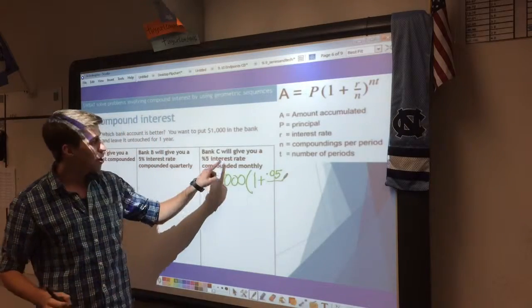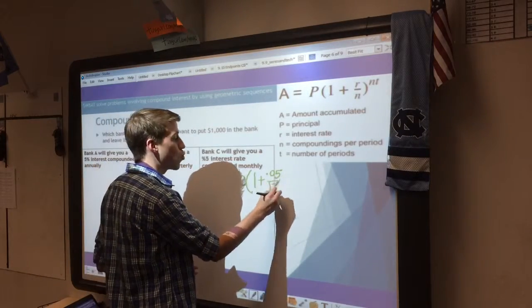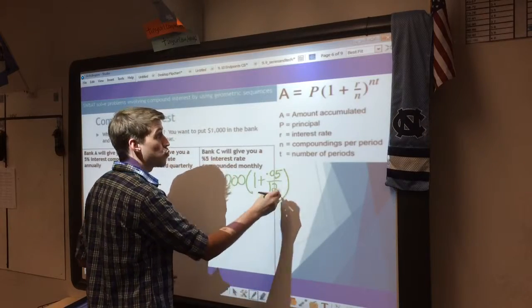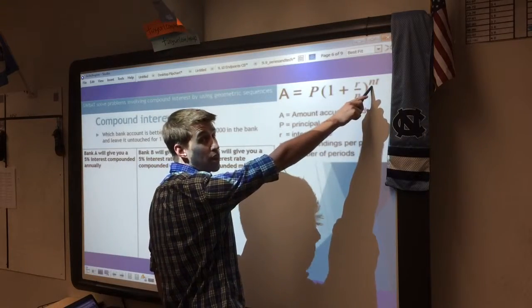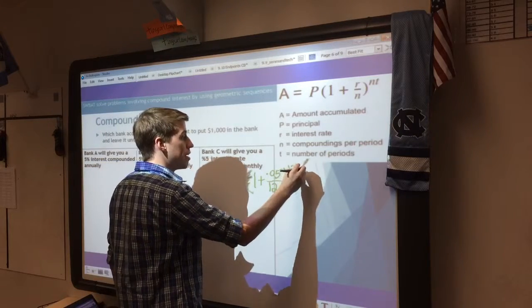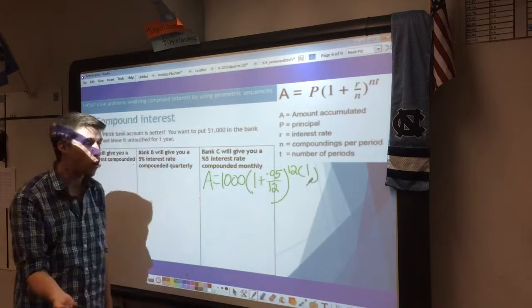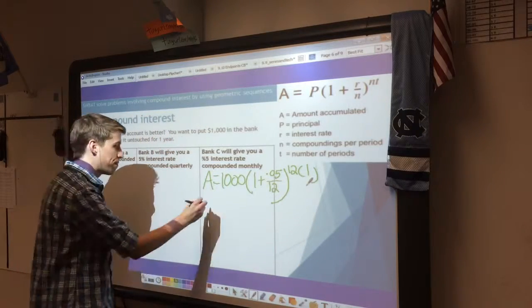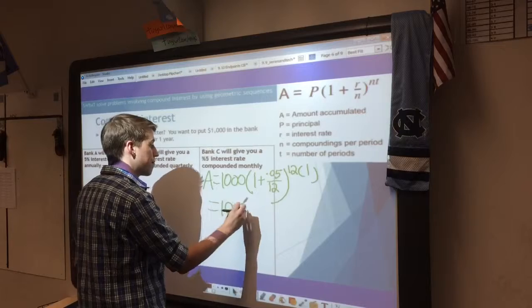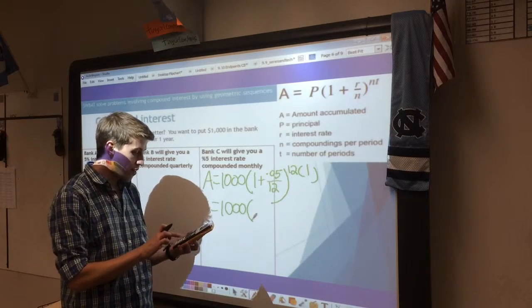Divided by compounded monthly means 12 different times. So we're going to divide that by 12 times. Once again, how many times are we compounding? We're doing it monthly. 12 times t, the number of years, which is still, we're just looking at 1 year. Let's break it down. 1,000 times, you need to do that 0.05 divided by 12 now.